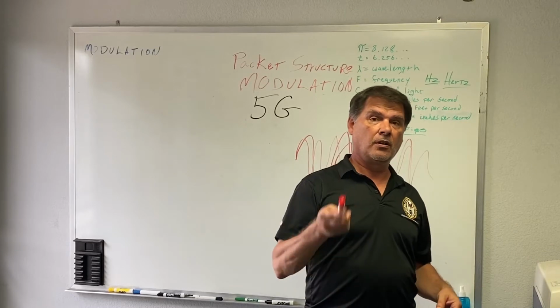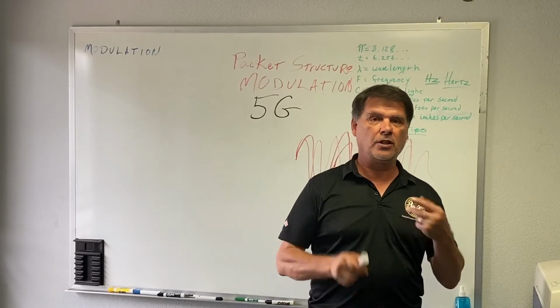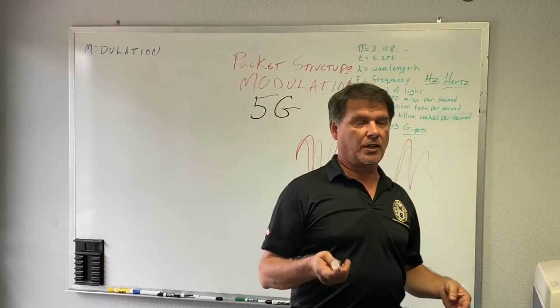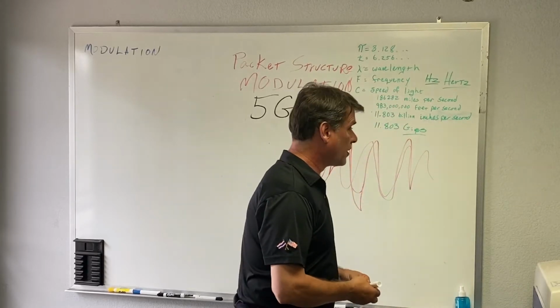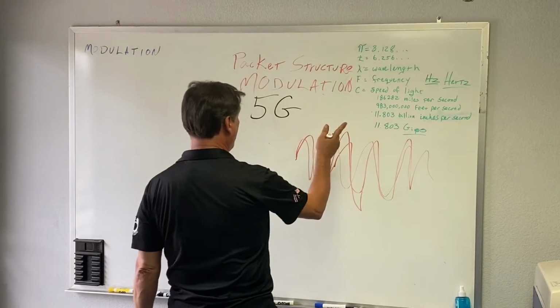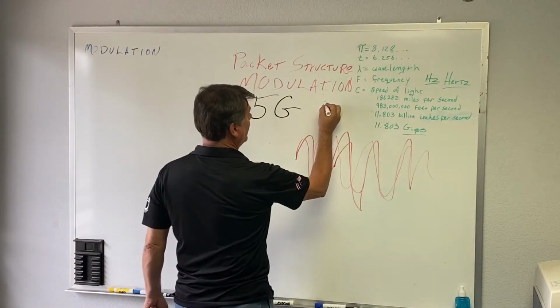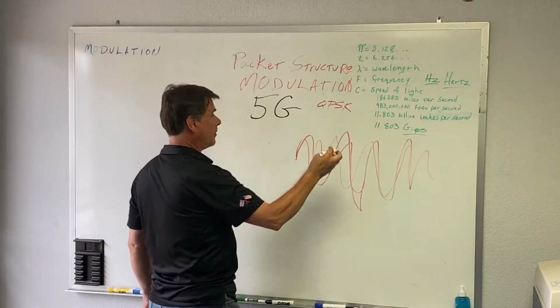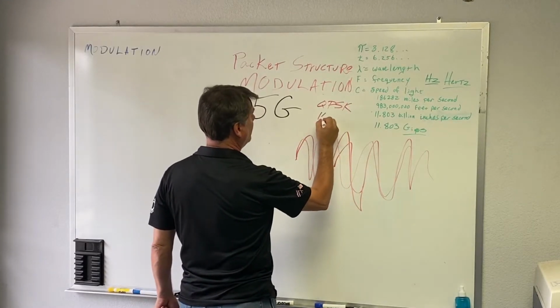In this case, 5G, all of these cell phones, 2G, 3G, 4G, 5G, they all use phase modulation. Now, the phase modulation that they use varies. They can do QPSK, which I'll explain in a minute. They can do 16 QAM.